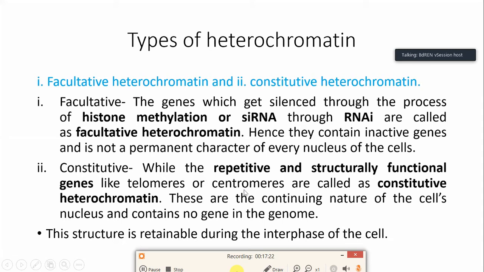You have already studied that in chromosome morphology. Maybe your sir or madam already taught it in that class. Okay, this structure is retained during the interphase of the cells. So you can find this in the interphase.